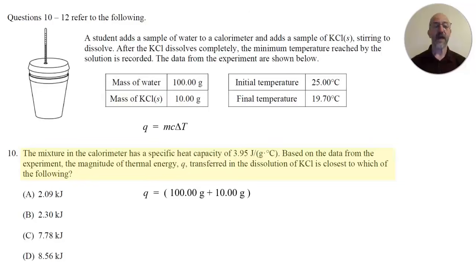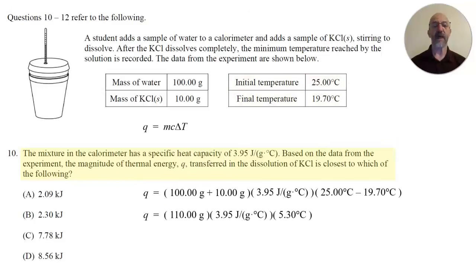of solution. And the specific heat capacity of the solution was given as 3.95 joules per gram degree Celsius. And the change in temperature is the difference between 25.00 degrees Celsius and 19.70 degrees Celsius. So that's a difference of 5.30 degrees Celsius.